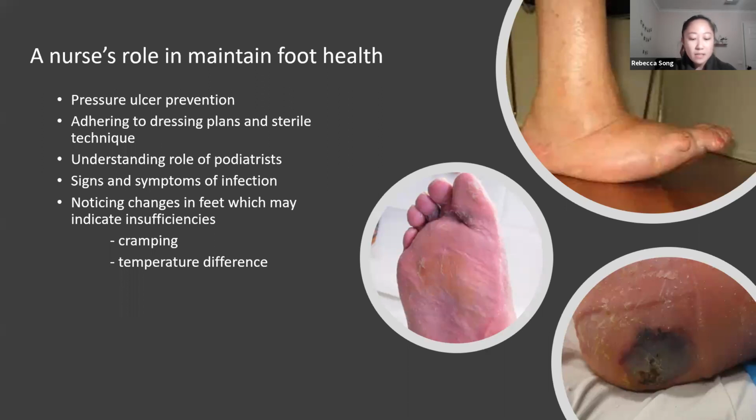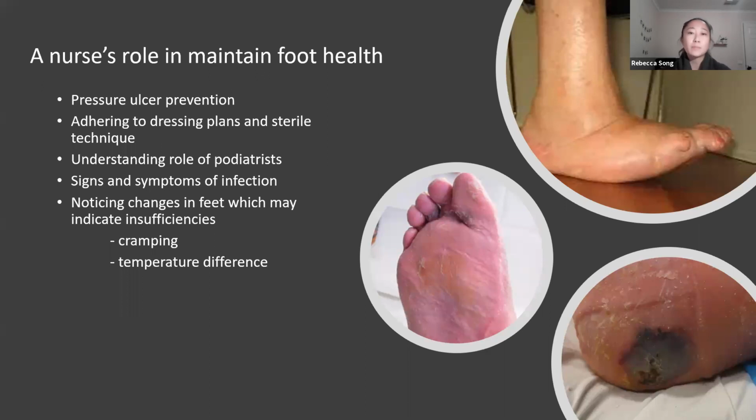It's good for you to understand and notice the signs of vascular insufficiency. For example, if a patient starts complaining of cramping in their calves, and it's only happening when they have their feet elevated, when they're lying in bed or during the night, that could be a sign that they have a blockage somewhere. Because when someone's standing up, they've got gravity helping the blood flow down.